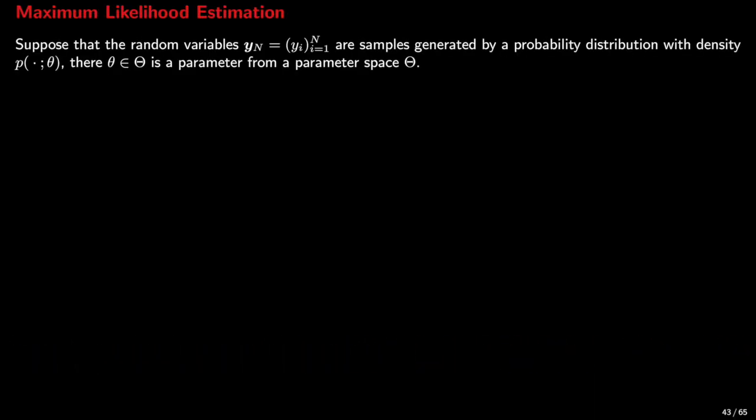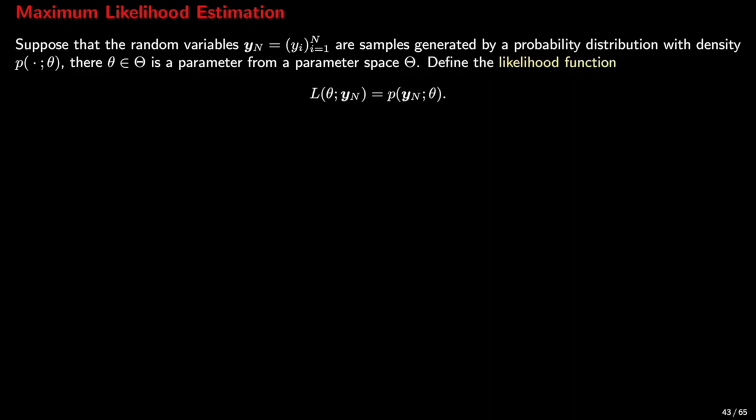In such cases, we can use the maximum likelihood estimation methodology. Suppose that the random variables y_1, y_2 up to y_n are random samples, that is, random variables, with a density function p and parameter theta, and theta is drawn from a parameter set big Theta.